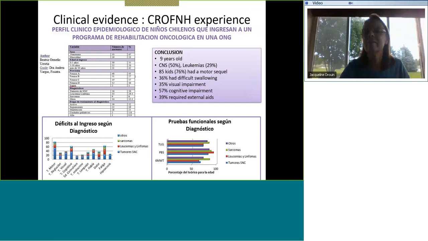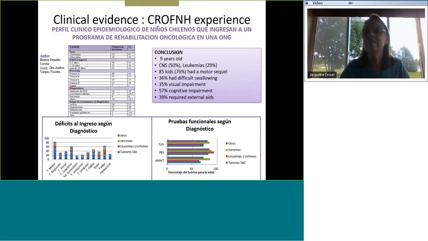Also, as you can see in the graph in the down right, not all the children could be assessed with all the tests. It states the up and go, the pediatric balance test, and the 6-minute walk test. This is mostly because either the child is not in condition to undergo these tests, or most of the times when the child is referred to physical therapy, he is still in the hospital setting.